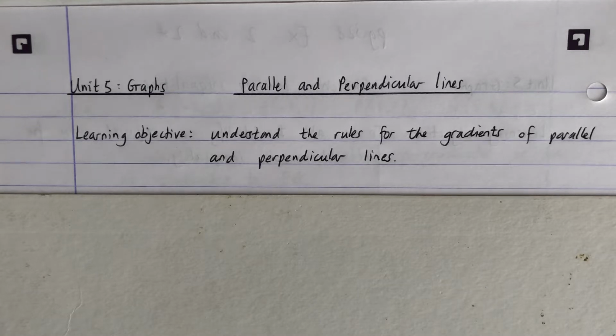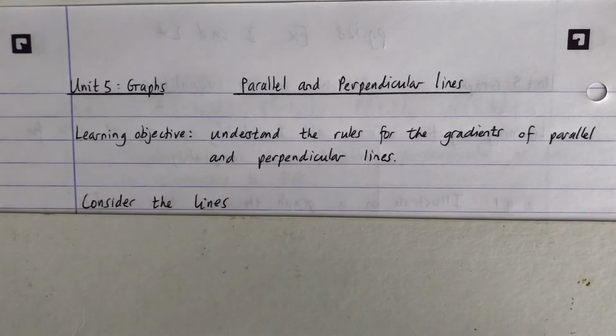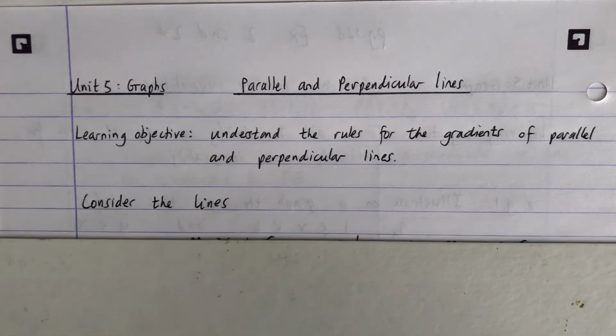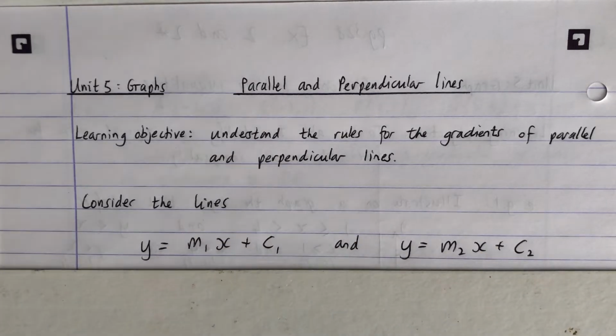So parallel and perpendicular lines, and to be able to understand the rules for the gradients of parallel and perpendicular lines. Now, by lines, I mean y is equal to mx plus c. Those types of lines that we've drawn previously. So we're going to consider two lines with two different equations, okay?